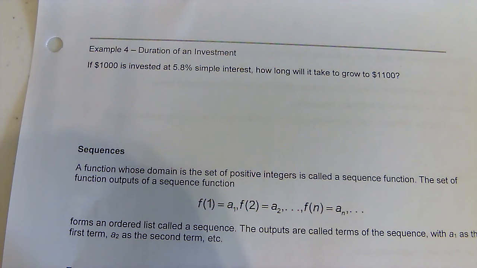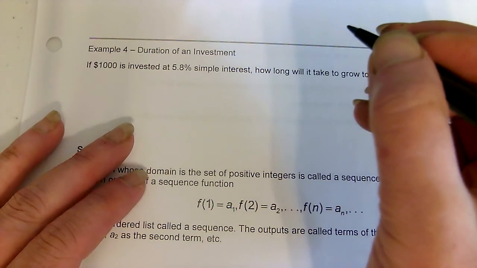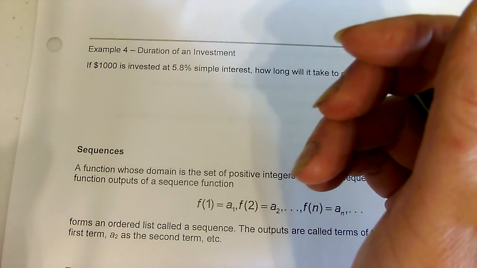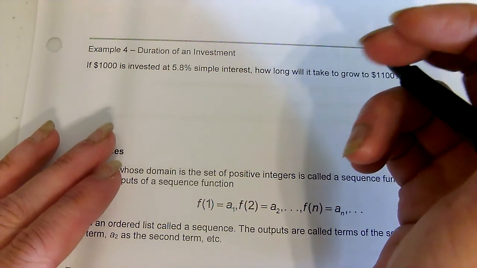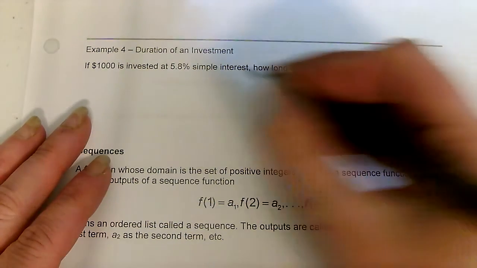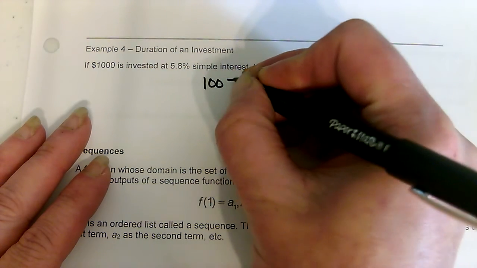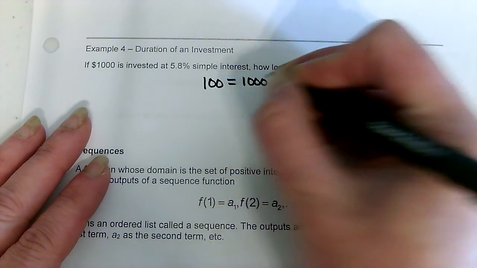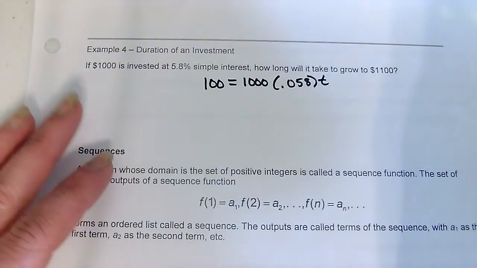Duration of an investment. If $1,000 is invested at 5.8% simple interest, how long will it take to grow to $1,100? So could we solve for the time? Well, we'll have to think about this one. What would be the amount earned? It's up to $1,100, so that means we earned $100 off of $1,000 at 0.058 times time.